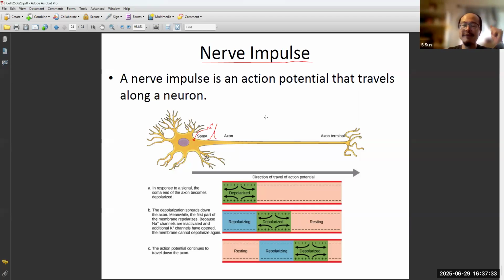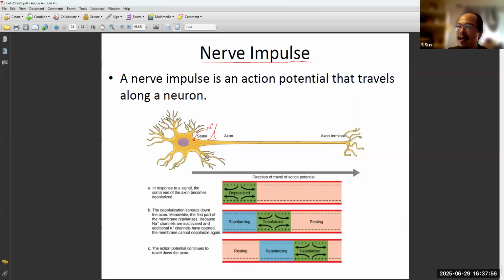So this nerve impulse basically describes the action potential traveling along the axon. Yeah, along a neuron, but basically along the axon. So that's that. And then you can deliver that signal.